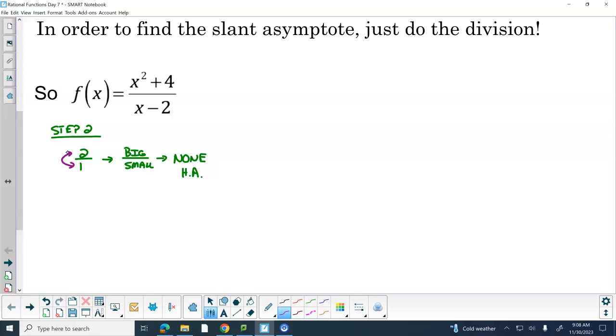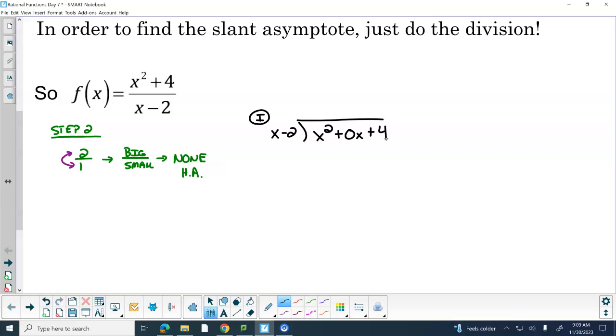Now we've got two choices for doing the division. Option number 1 is we could literally do the long division if we wanted to. Sometimes we might have to. That's why we learned long division. Because if this bottom is a quadratic in itself and the top is a cubic, we might have to do a long division.